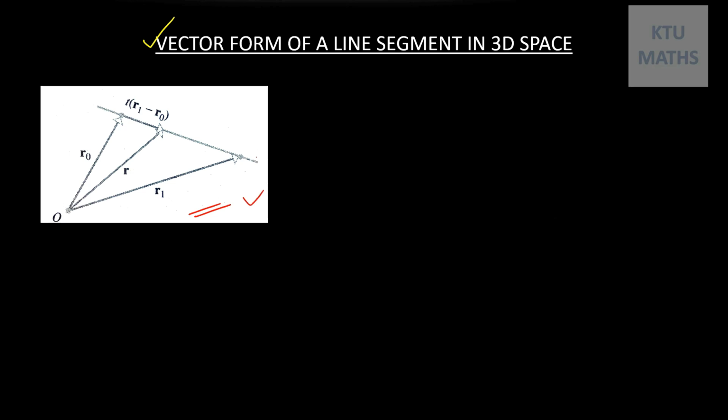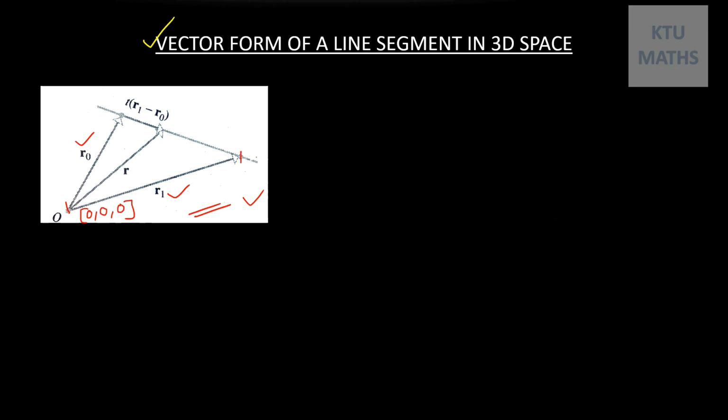I have just told you from the start onwards previously, but I'm going to repeat it once again so that you will understand this concept clearly. And we have R1 and R0 as vector valued functions with origin 0, 0 and 0.